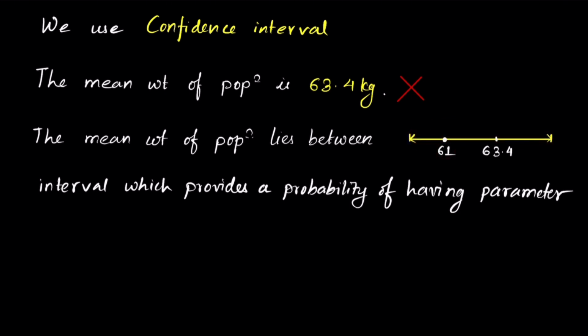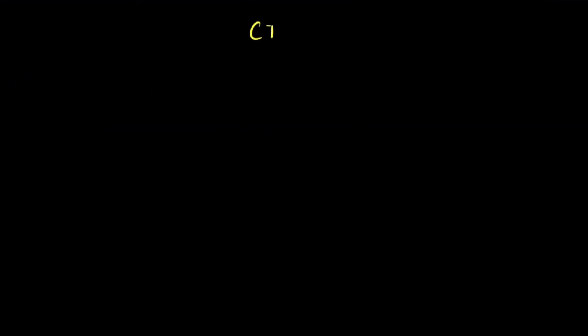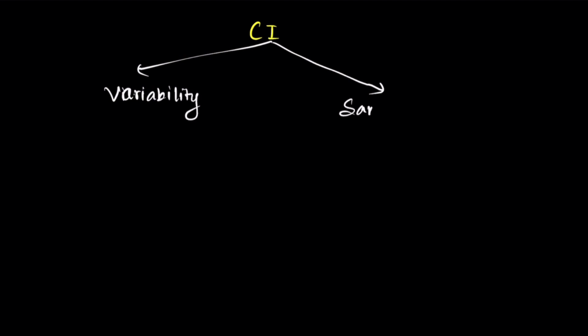Okay, the size of the confidence interval is dependent on two main things. So there are two things that affect the size of the interval. First is the variability, and second is the sample size.